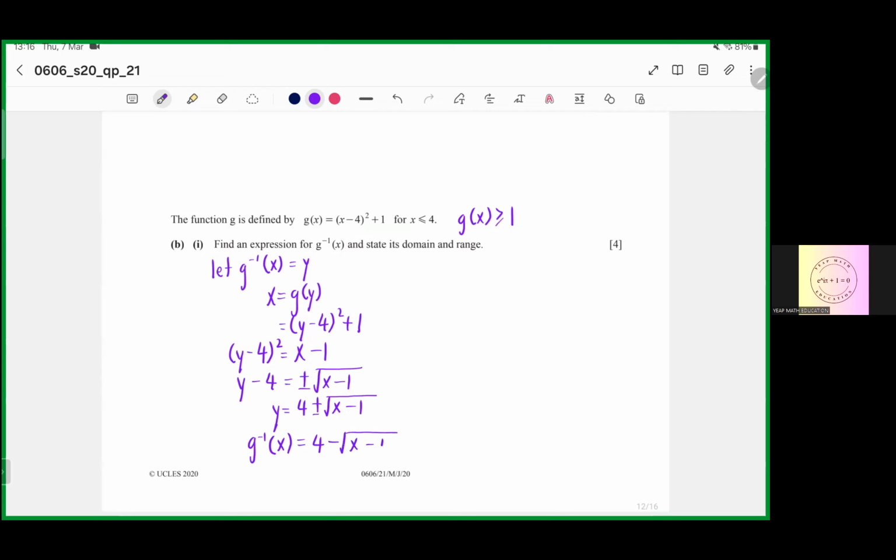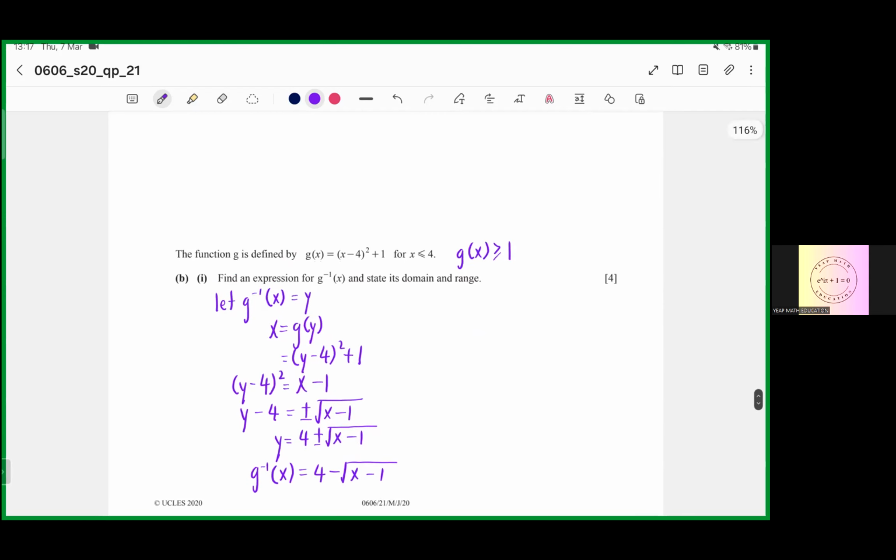You see this is a positive and negative. Why do I take the negative? Because actually the graph will look like this way.